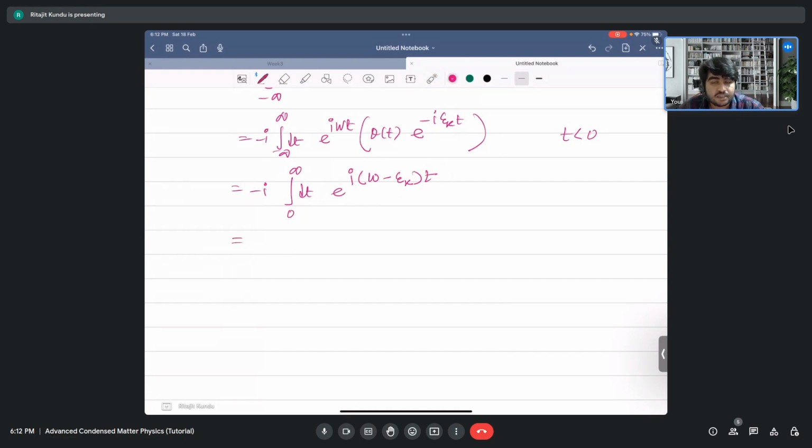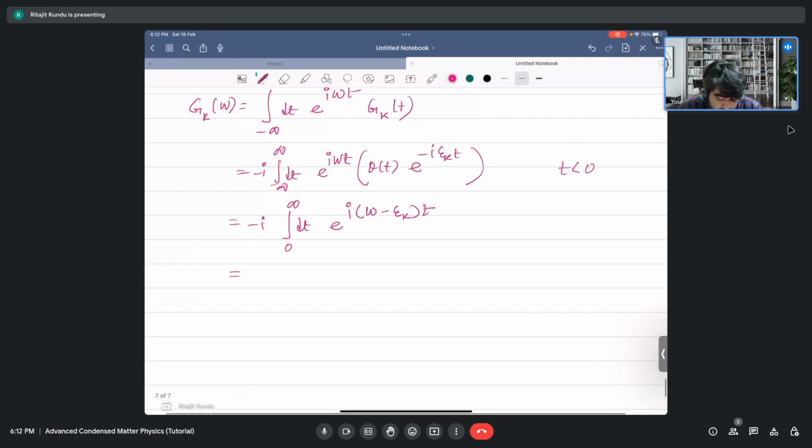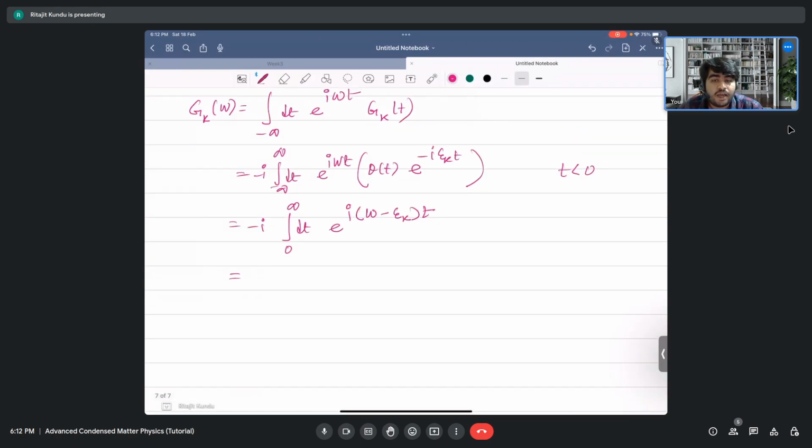This is the integration of an exponential, but at t equal to infinity this is a highly oscillatory function, and this will become ill-defined, right? So we do a trick. We put a convergence factor on this exponent. This is just a little trick that we always do, which is i delta.